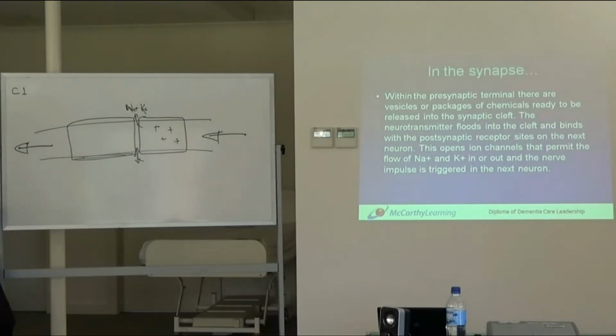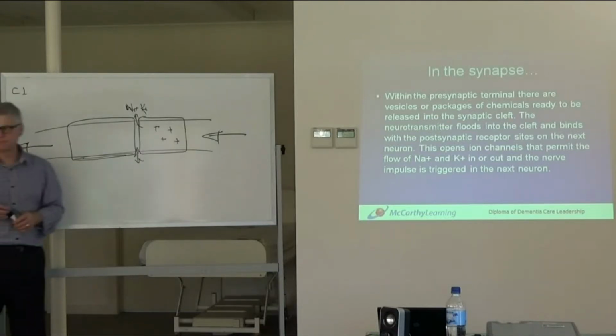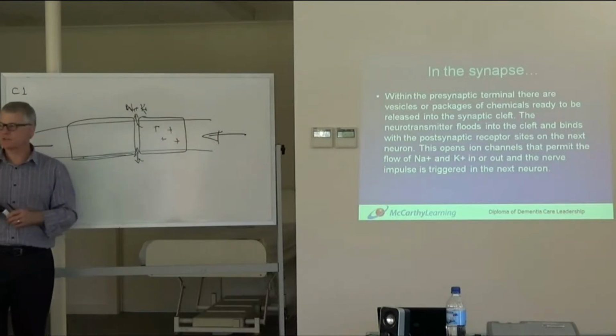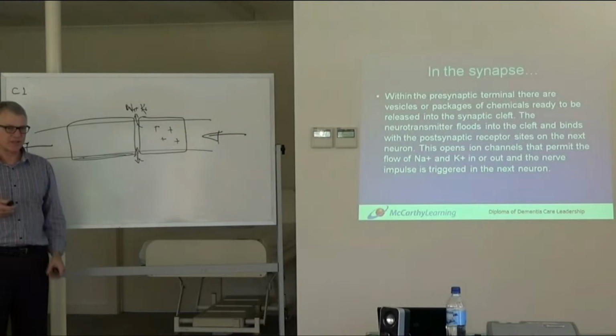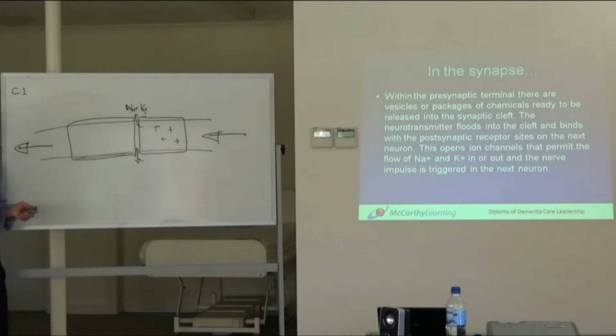This opens ion channels that permit the flow of sodium and potassium in or out, and the nerve impulse is triggered in the next neuron. So we get this constant process, constant electrical charge being used up within each neuron. As you and I are functioning here, this is happening billions of times, all the time.